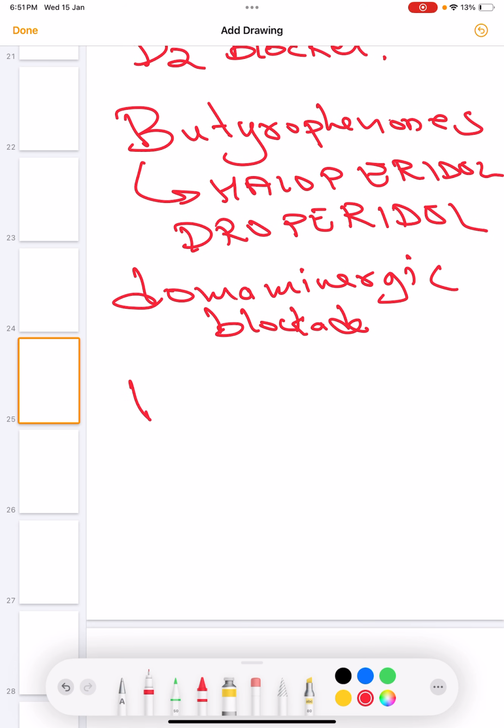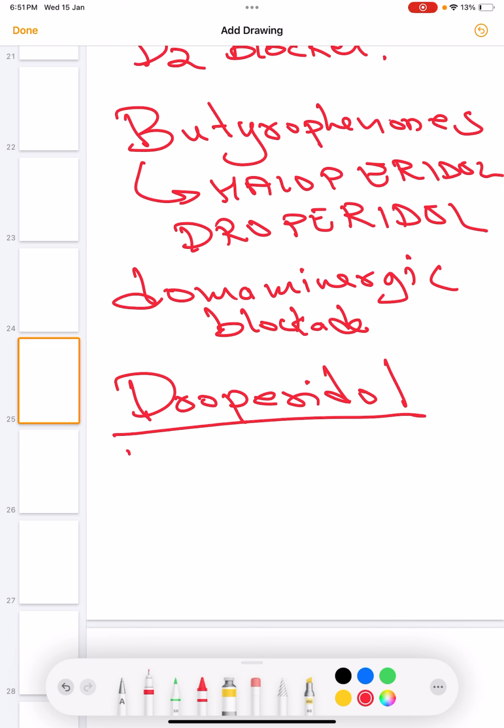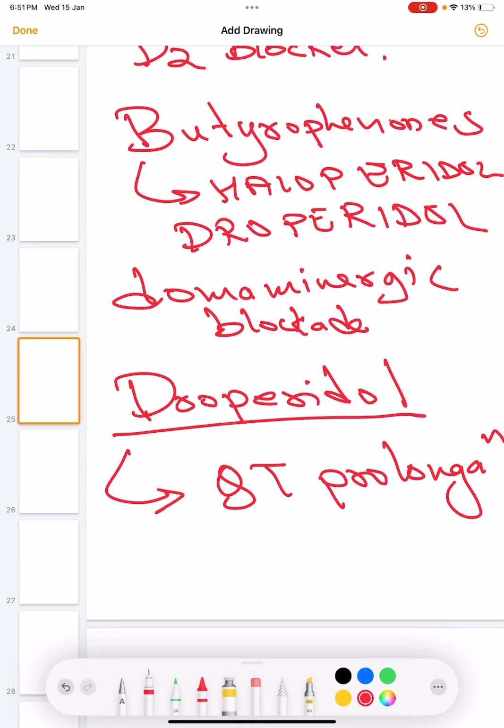So this droperidol was increasingly being used for vomiting as an antiemetic, but then it was found that it causes QT prolongation and it can cause fatal ventricular tachycardias. So this drug is now used only when vomiting does not respond to other drugs.